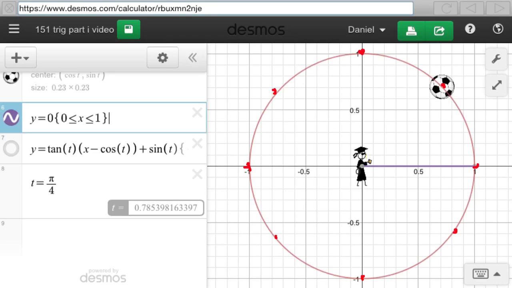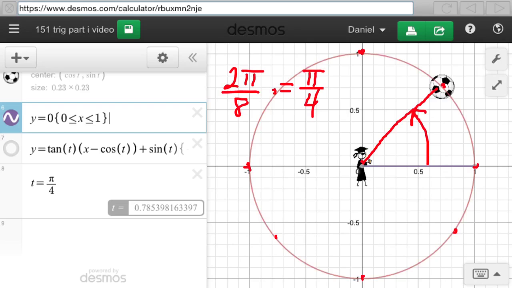So what would this angle right here be equivalent to? Well, it's 1/8 around the circle. And remember, the circle has a circumference of 2 pi. So this angle here would really be 2 pi over 8, which is really pi over 4 radians. So that angle will be pi over 4 radians.